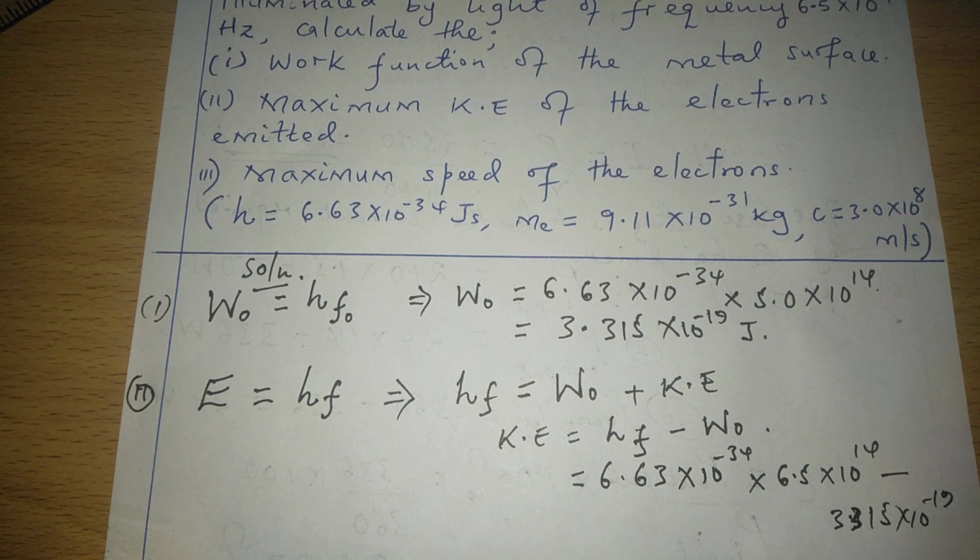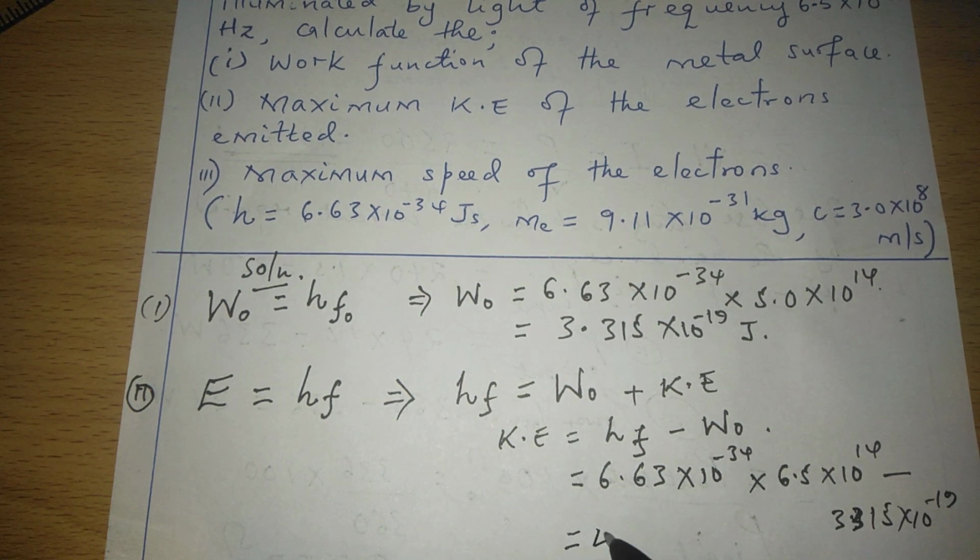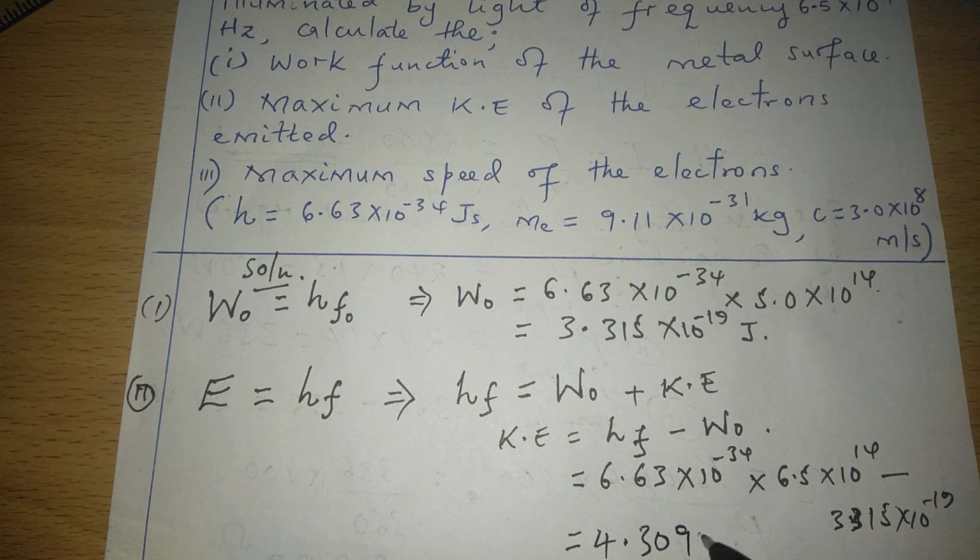The product 6.63 times 10 to the power of negative 34 multiplied by 6.5 times 10 to the power of 14 gives us 4.3095 times 10 to the power of negative 19.